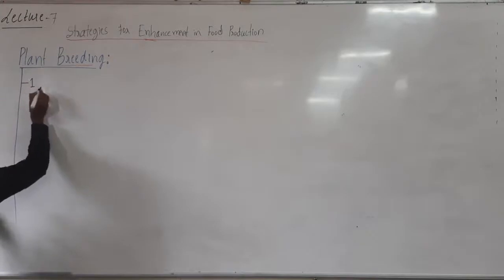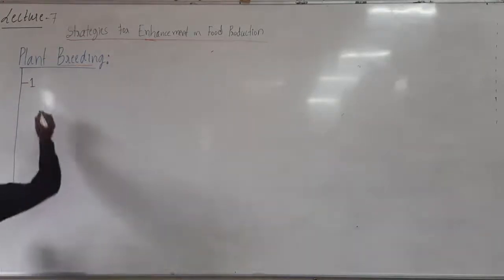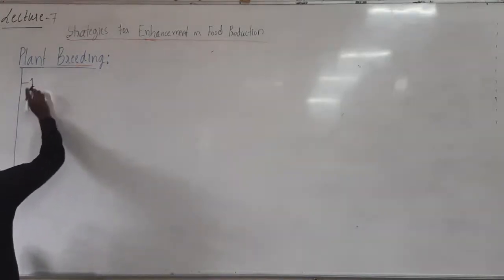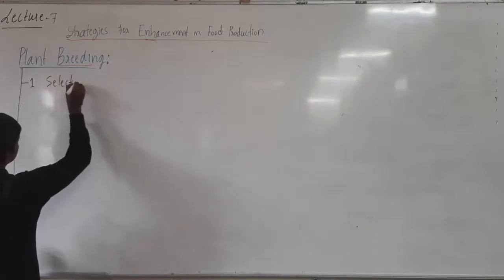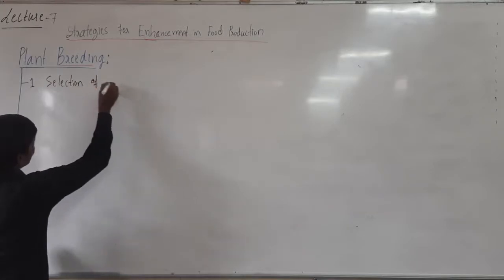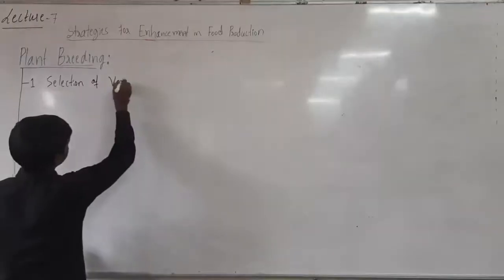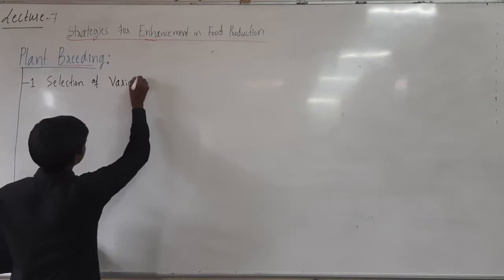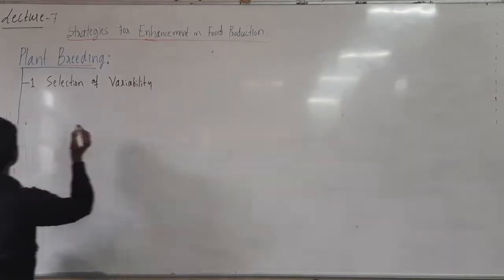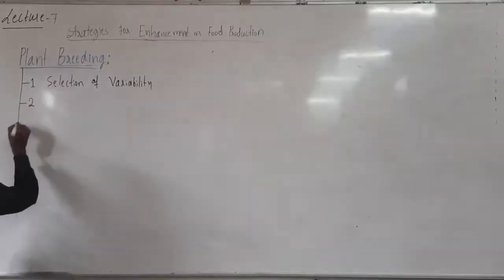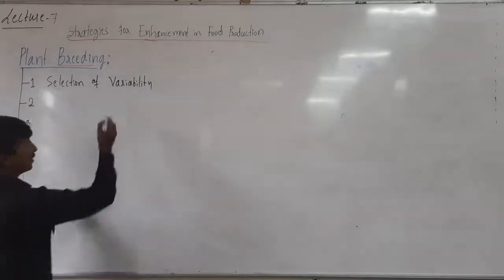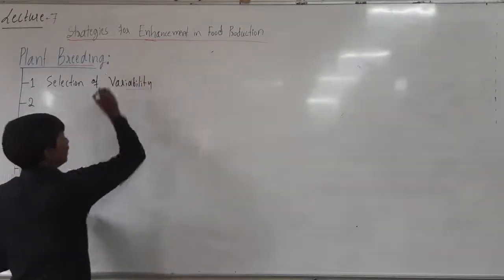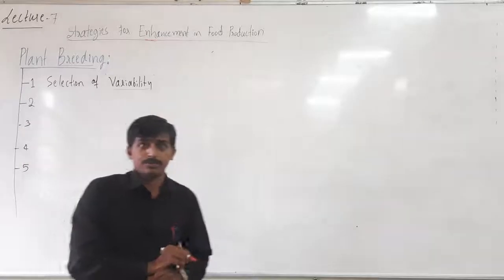First step, that is selection of the parents, or the selection of variability. Selection of variability. What is variability here? Differences in the characters.